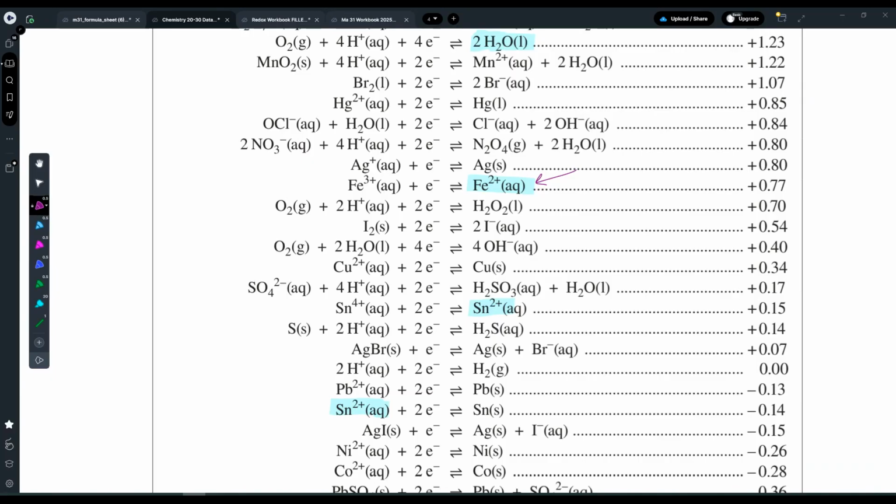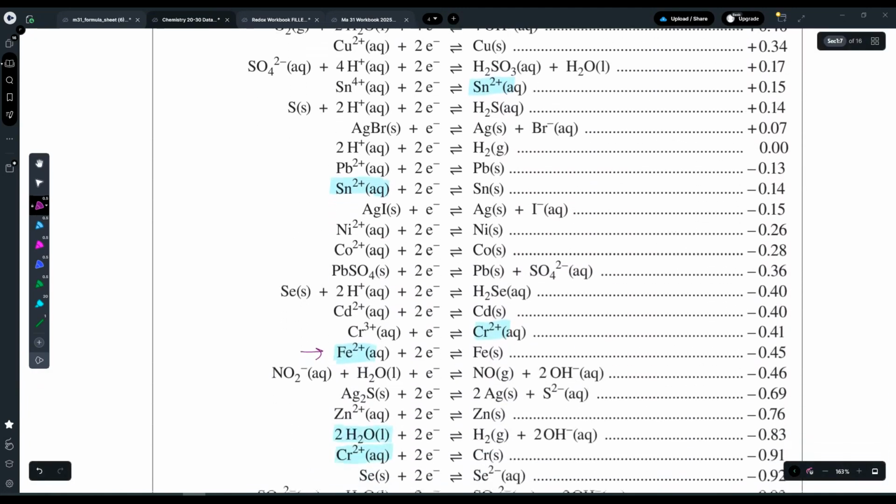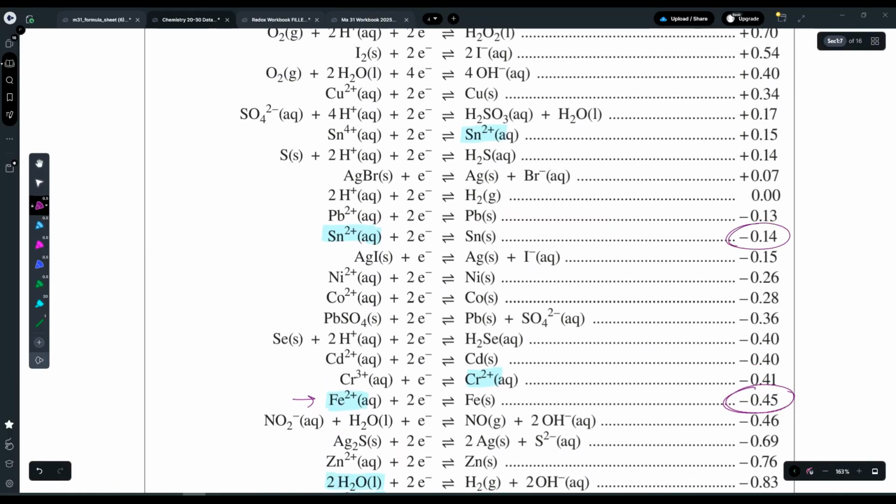Sometimes it's easier to use the electric potentials on the right hand side. So if you're trying to find this on your own data booklet, the uppermost reaction is at 0.77 and the lower reaction is at -0.45. For tin, those reactions were at -0.14 and +0.15.